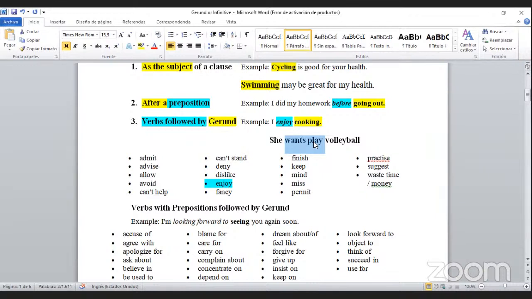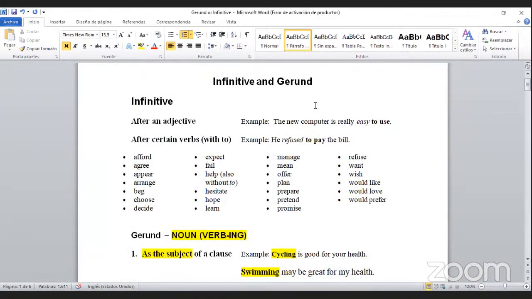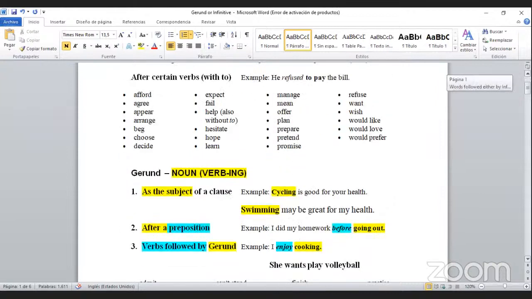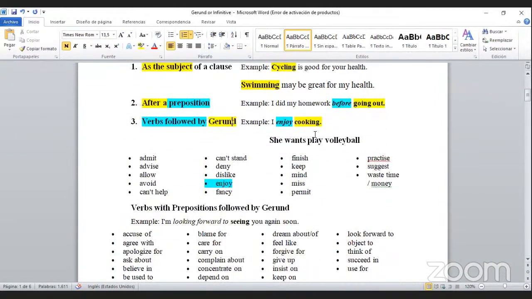In order to separate these verbs, we can use gerund or we can use infinitive. Infinitive is this first one, but we're going to do it in another grammar lesson. But for example, the verb want, can we find it here in the list? No, right? So this verb want doesn't work with gerund.